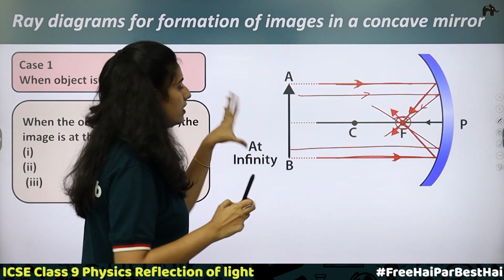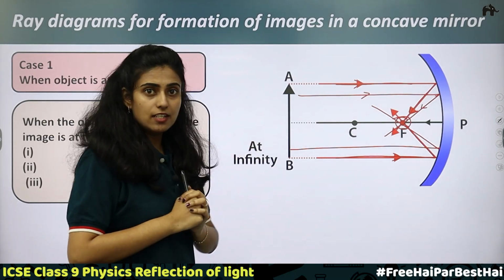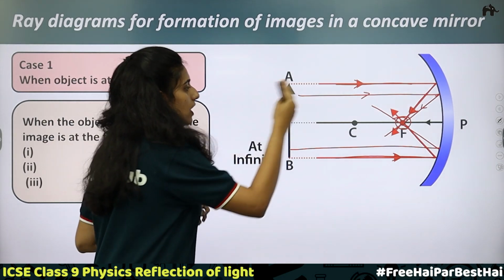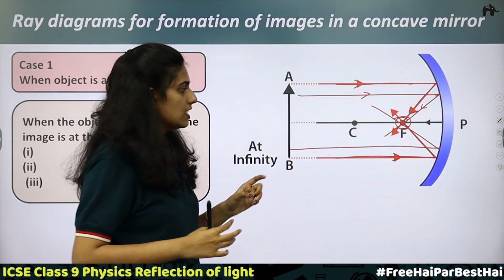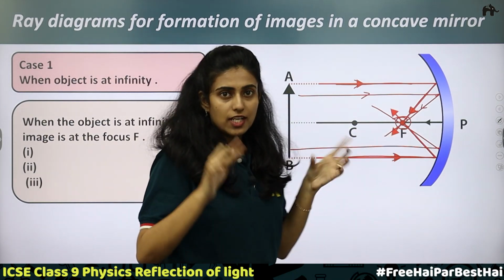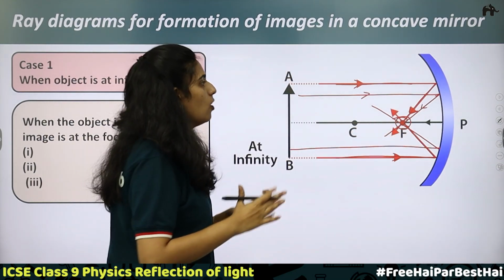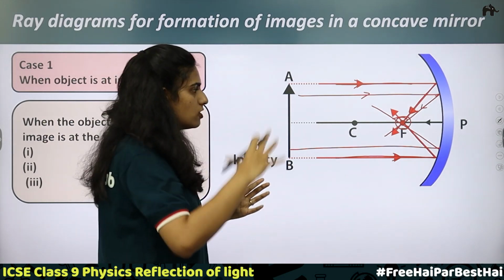An infinite source, for example the sun, is a massive object. Now when you take the image of it, you can see it will be very small. For example, you can take a concave mirror and hold it in such a way that sunlight falls on it.